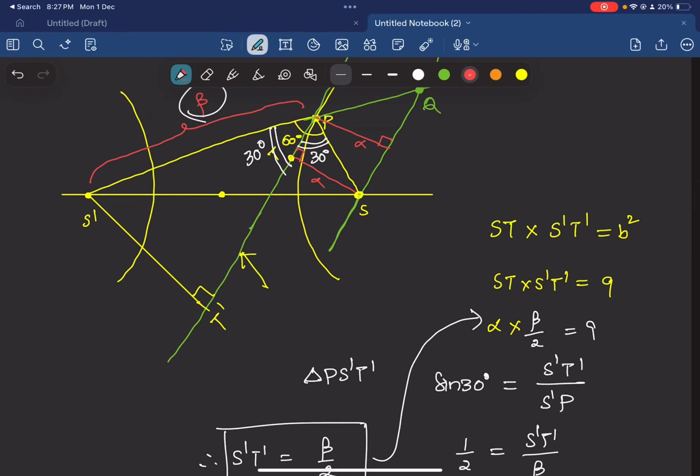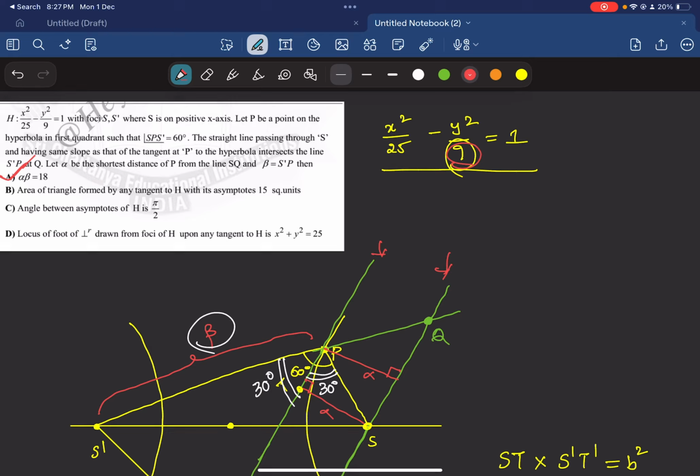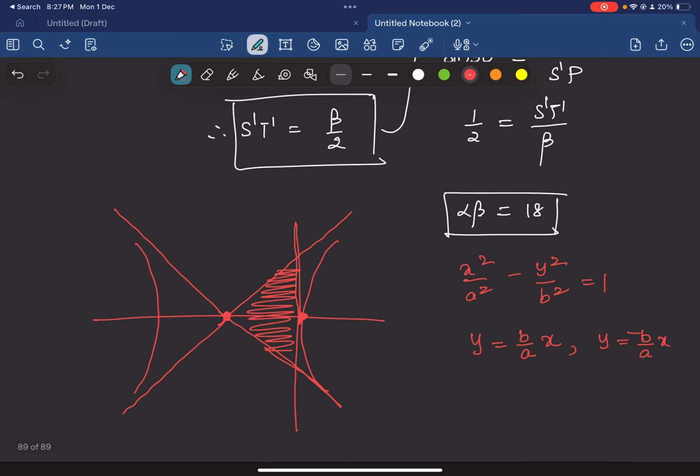Now in your case, b is equal to 3 and a is equal to 5. So the asymptotes are y is equal to 3 by 5 x and y is equal to minus 3 by 5 x.